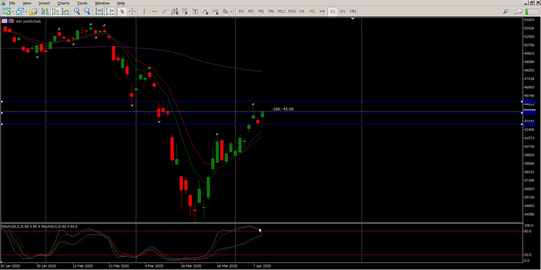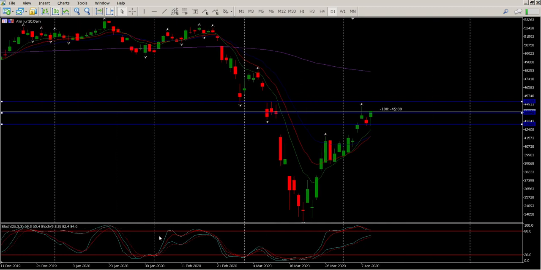But this little setting here is worrying me. You can see we've had a crossover already on the one stochastic, and the other one is coming up to meet it. So the minute we get a grouping and a crossover there, that's when we are going to be really concerned.